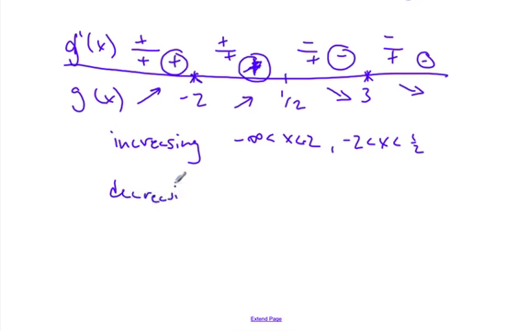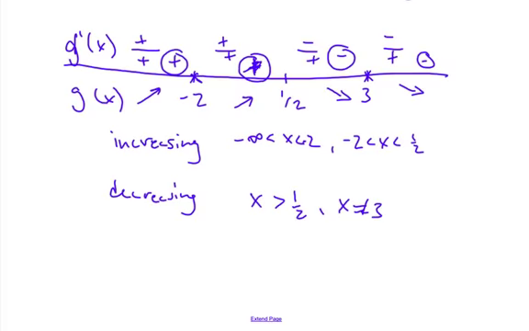Another way I could write this is I can say x bigger than 1/2, but x cannot be 3. That will include this interval as well.